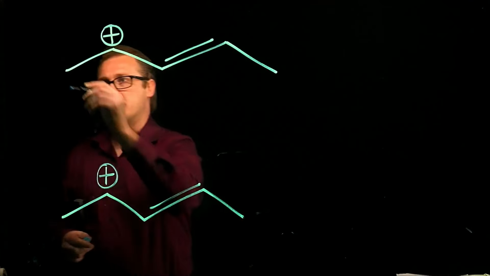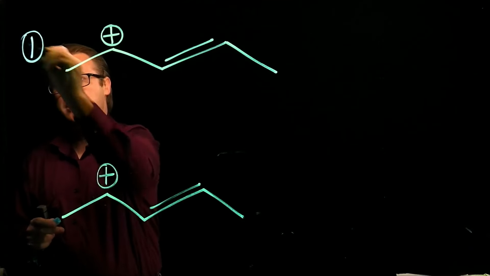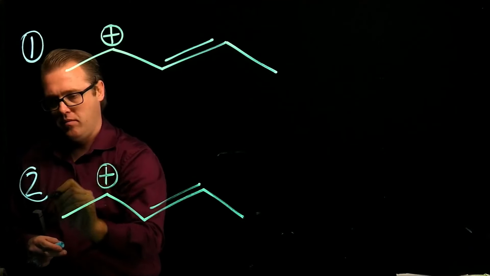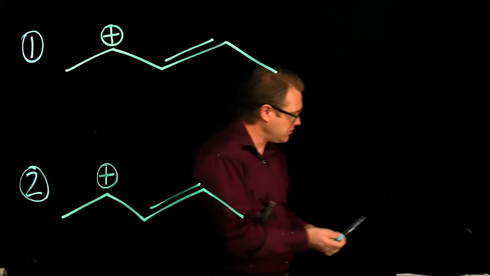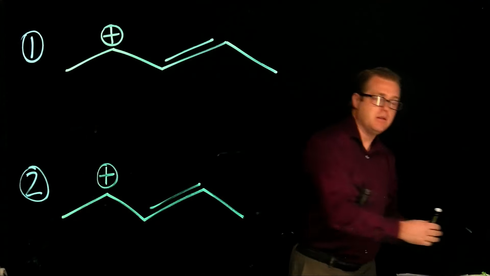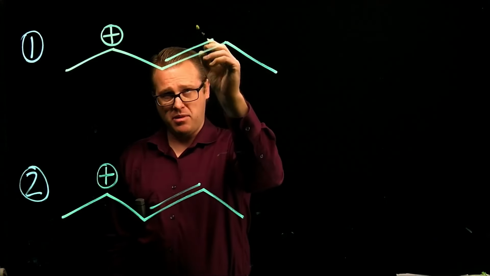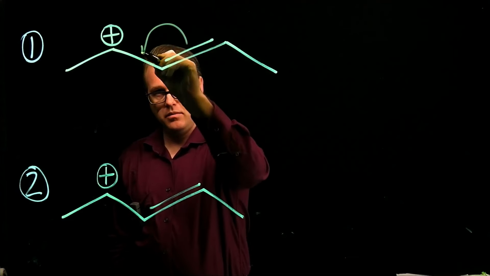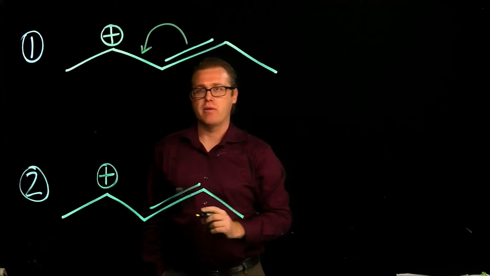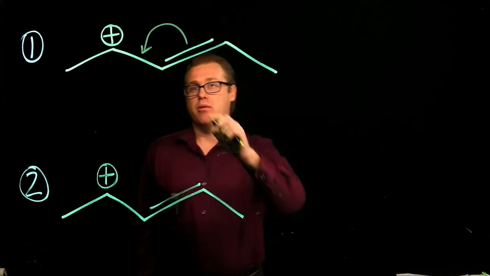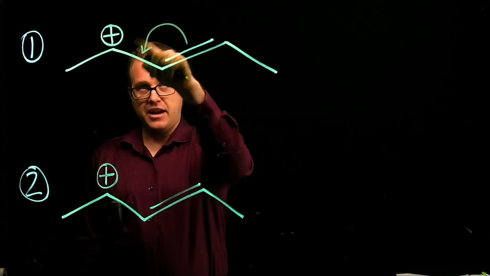And we will call this problem 1 and problem 2. What you're going to do, for problem 1, is ask: is that an okay resonance structure or curved arrow? Can I do that?